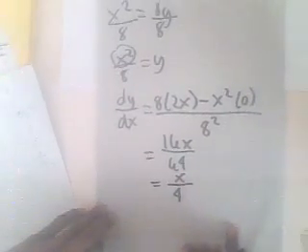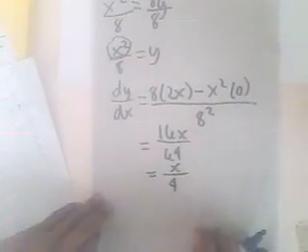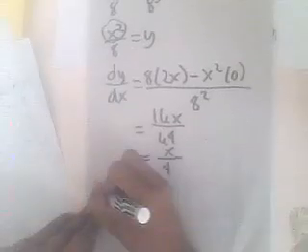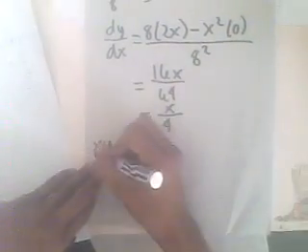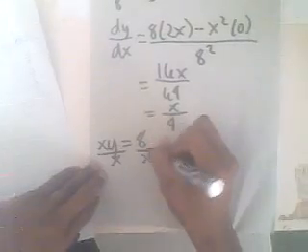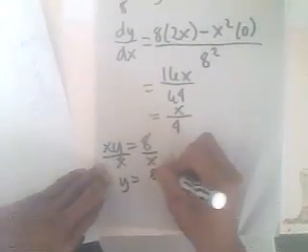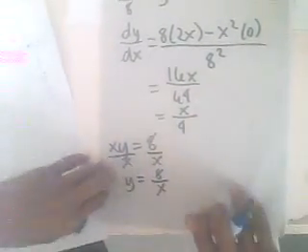Now we will find the derivative of our second equation, x times y equals 8. We divide both sides by x to find y, so y is 8 over x.